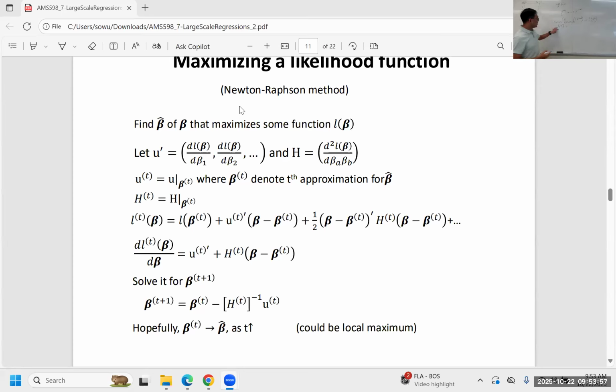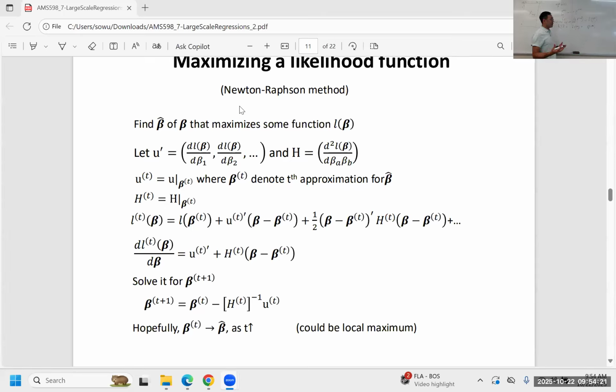If you apply the Taylor expansion to L beta at beta t, what do you have? Then you have L beta t, plus the gradient L prime times beta minus beta t. This is first order, right? Then plus the second order term, which involves a multivariate Taylor expansion.